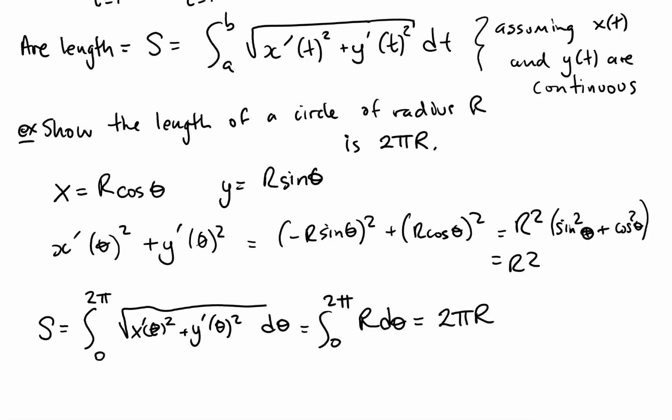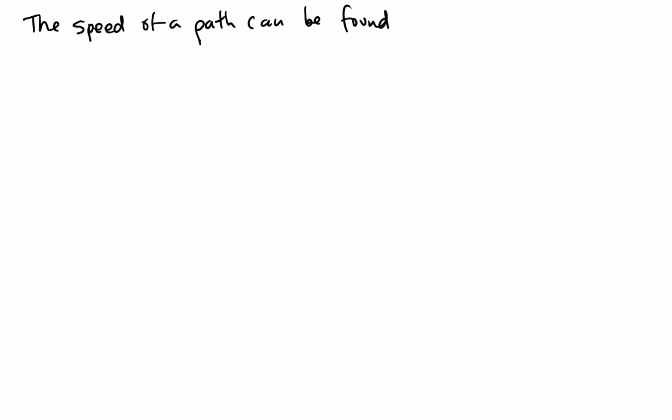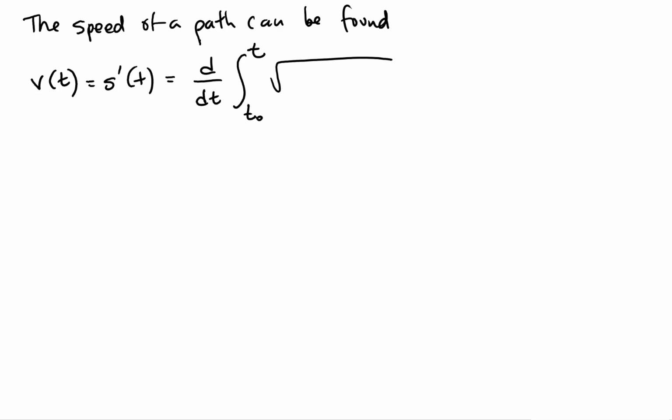We can also find the speed of a path. If you want to know the velocity at time t, then you need to know the derivative of the position function. So we take the derivative with respect to time t, and then you start somewhere and you go until a certain amount of time has passed of the arc length function, the integral of the square root of x prime u squared plus y prime u squared du.